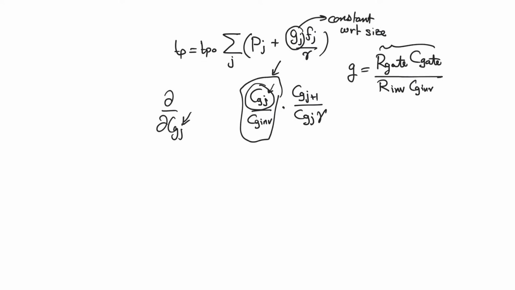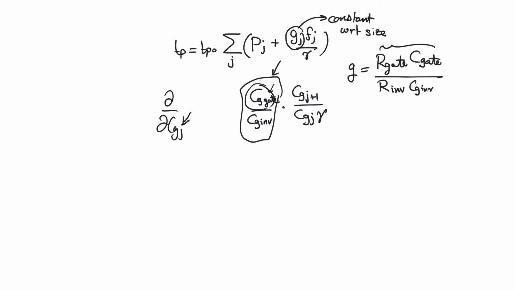So this product, R times C, is going to be constant, and it's going to be independent from the size of the gate. And so G is going to be a constant, and it's going to be independent of the size of the gate. In fact, we explicitly discussed why G can be calculated for any gate size, and therefore we shouldn't write Cgj in this case. More accurately, this should have been something else. It should have been C gate of the gate, which is the C of the gate for any random size.